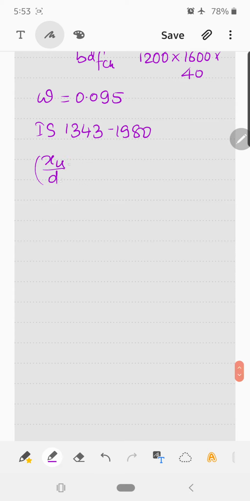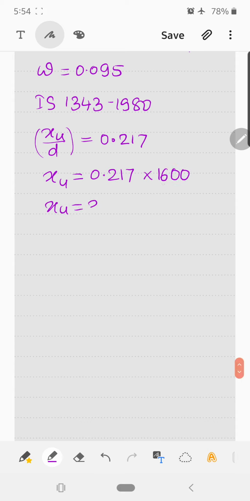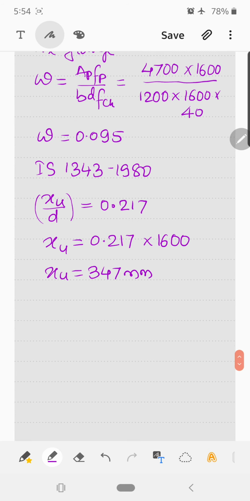XU by D is 0.217. If you don't get the direct value, you can interpolate and get the value. So XU is 0.217 into D, that is 1600. Therefore XU is 347 mm. Now how much is the flange depth?